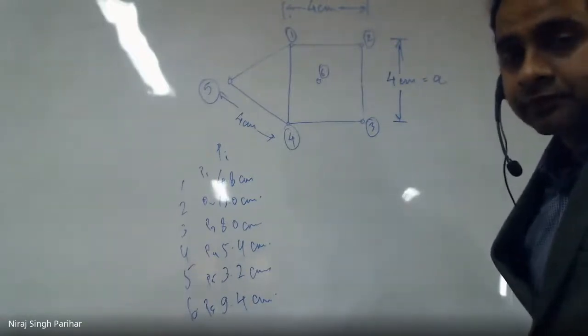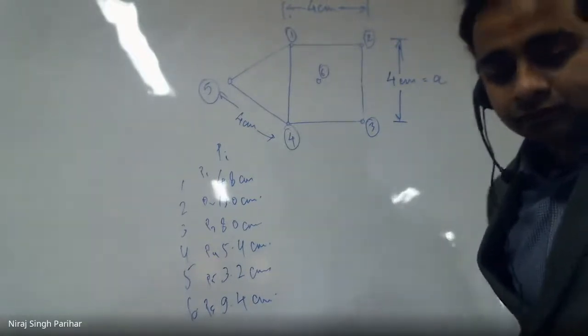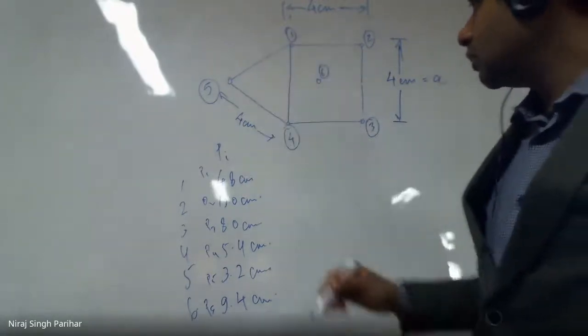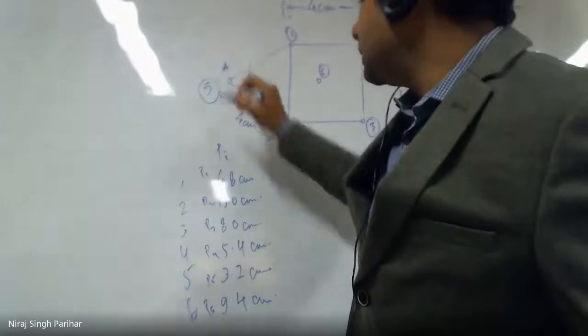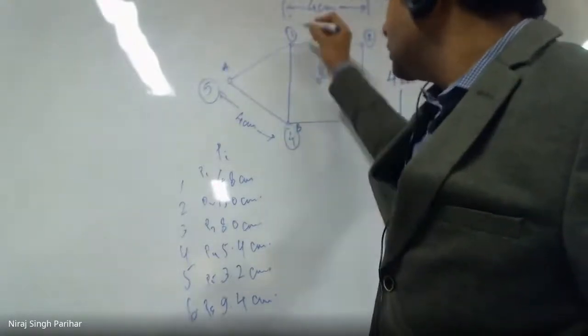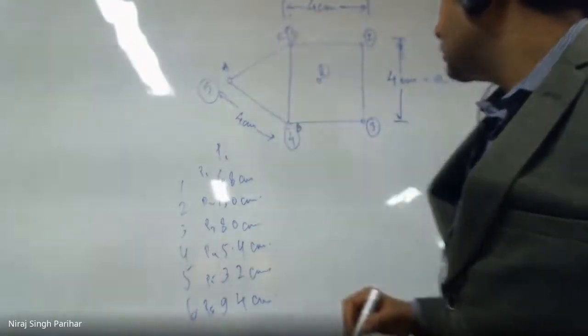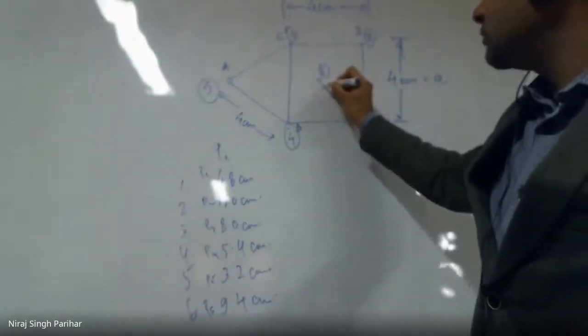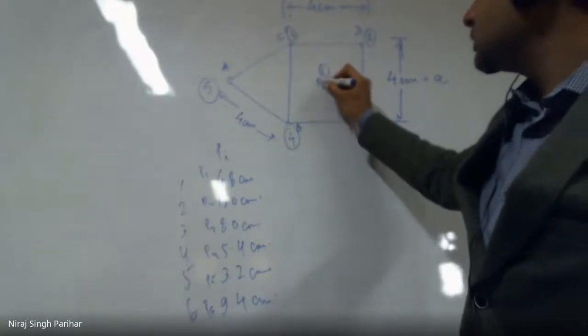First let's talk about this triangle. Let's call it ABC, this point B, this point E, and the center point F. This is exactly the center.